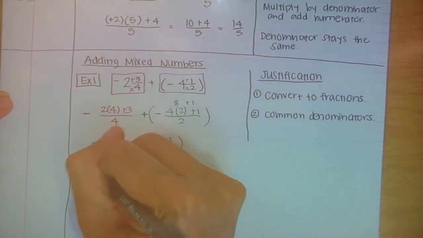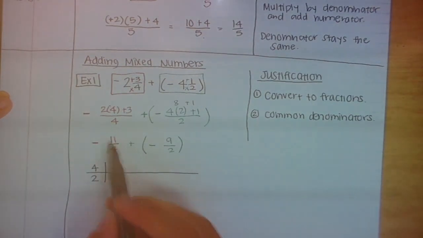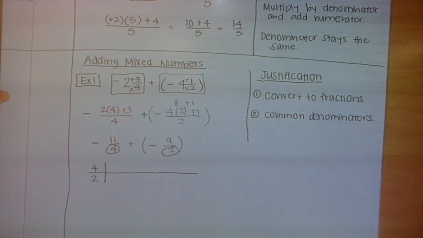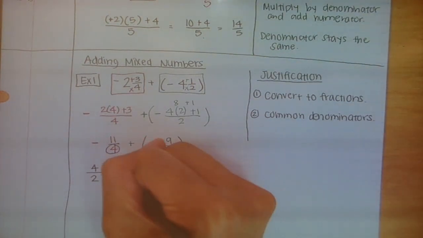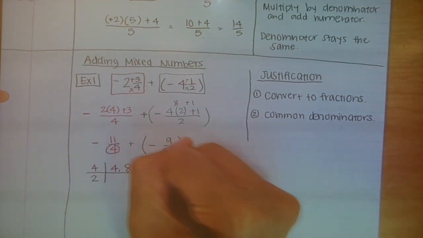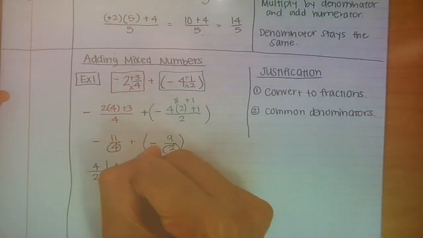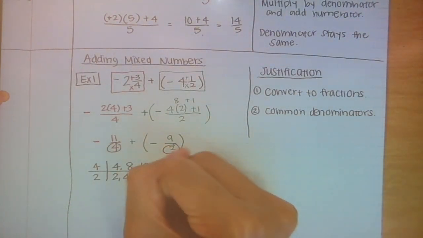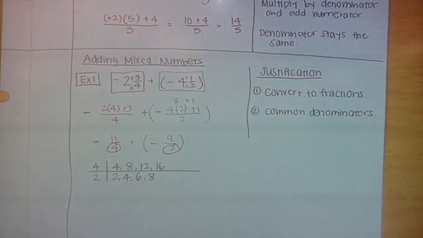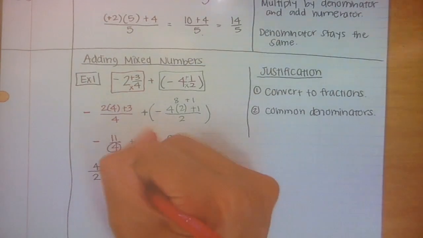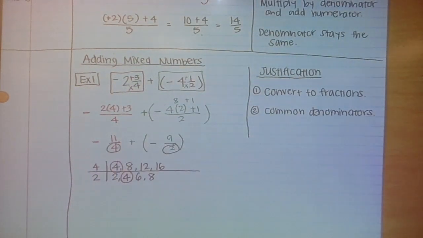And I'm going to find multiples of 4 and multiples of 2 because those are our denominators, until I find one in common. So I have 4 times 1 is 4, 4 times 2 is 8, 4 times 3 is 12, 4 times 4 is 16. And then 2 times 1 is 2, 2 times 2 is 4, 2 times 3 is 6, 2 times 4 is 8. And I see they both have 4 in common. That's the least common one.